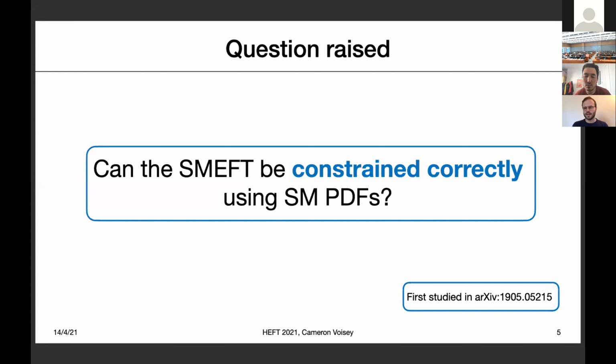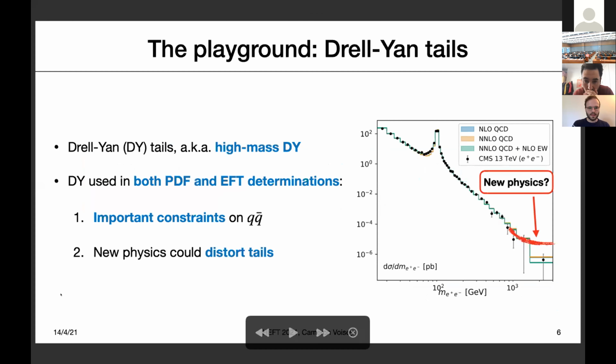And here we're going to extend this by looking at some more data. So as I mentioned earlier, the data that we're looking at here is Drell-Yan tails, or high mass Drell-Yan. And this is an interesting process to look at because it's important in both PDF determinations and also EFT determinations.